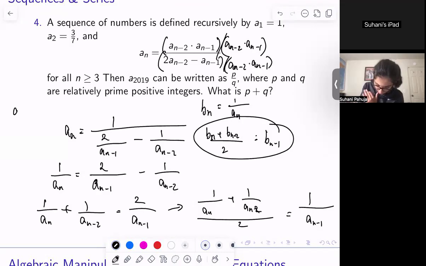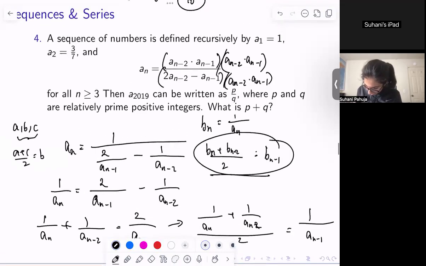So if we have a, b, c as adjacent terms in an arithmetic sequence, then (a plus c) over 2 should be equal to b, and that's what we see here. So b_n is an arithmetic sequence. We see that b_1 is equal to 1, and b_2 is equal to 7/3, which means that the common difference d for the sequence b_n should be 4/3.